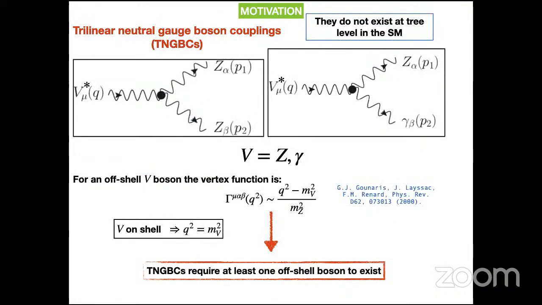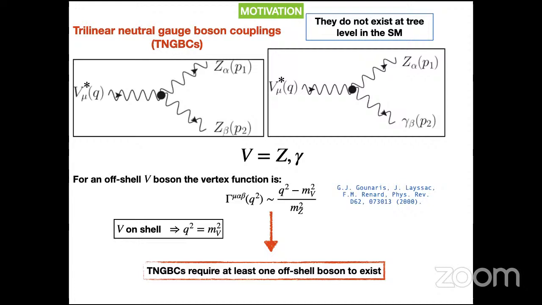Another example are the trilinear neutral gauge boson couplings, which cannot exist at tree level in the standard model, but they can be induced at one loop. So here I show all the examples of these couplings. For example, on the left side, there are two on-shell Z bosons and a UV off-shell boson.